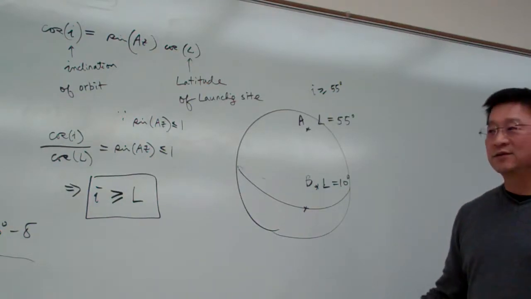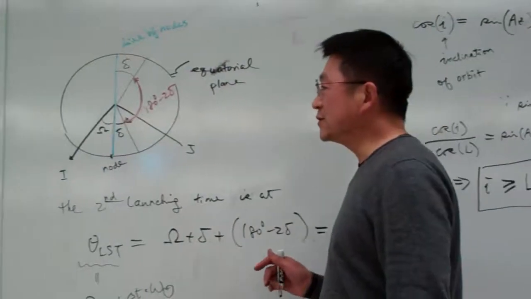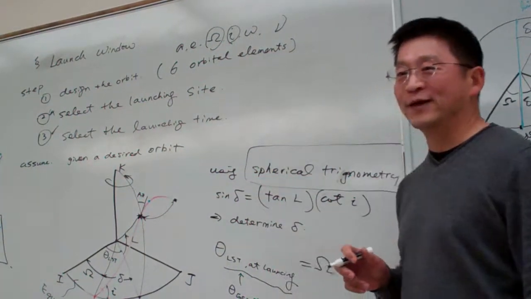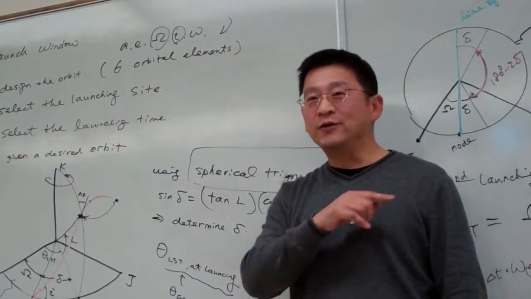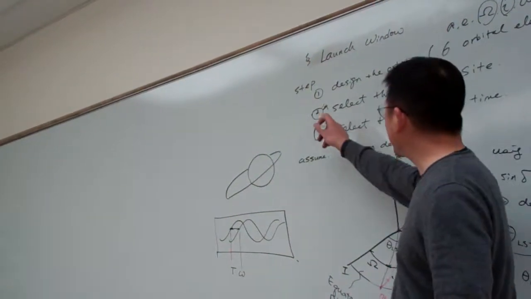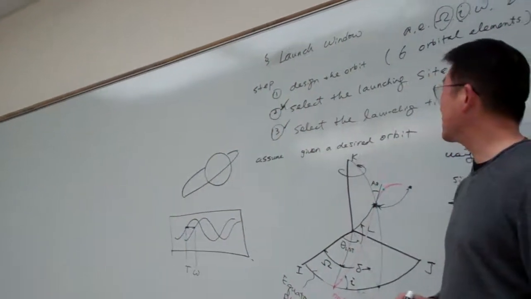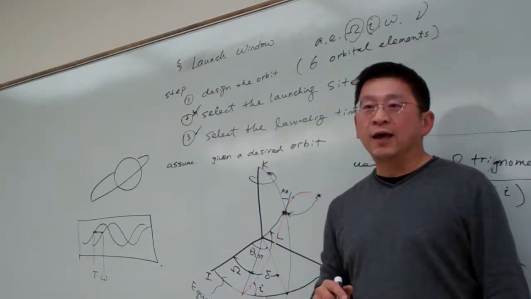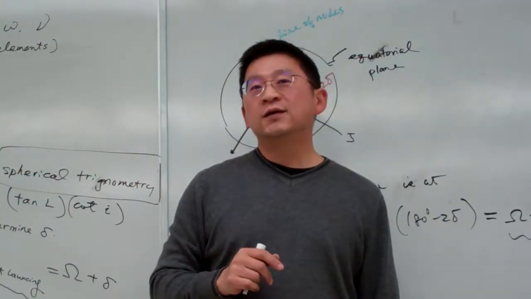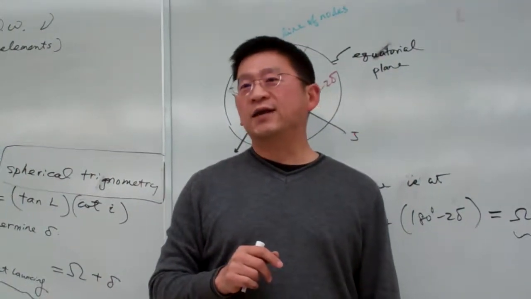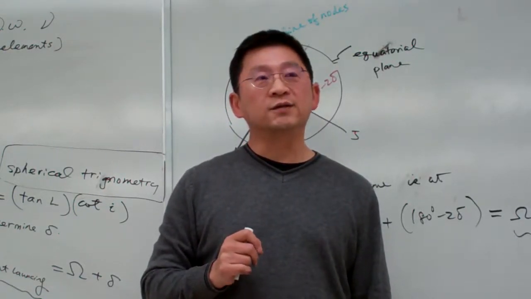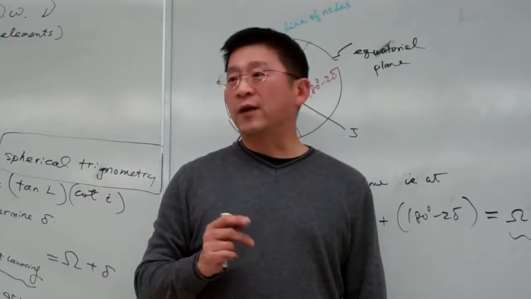Okay, so consider this, using this kind of information. Here, I never learned this before, and I simply copied from the textbook, but I know the result is interesting. So using these two things, I can answer more precisely how to select the launching site. On Earth, most of the launching sites have a latitude lower than 30 degrees. Say in the US, Kennedy Space Center, I think their latitude is about 30-something degrees.